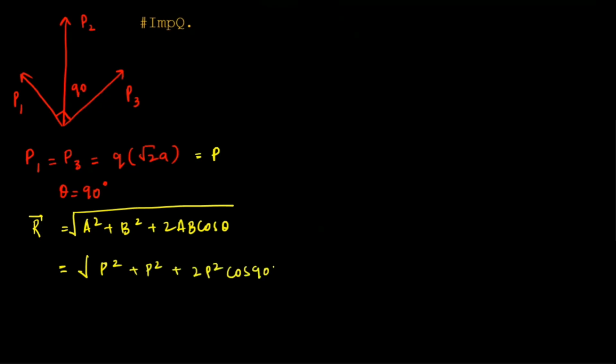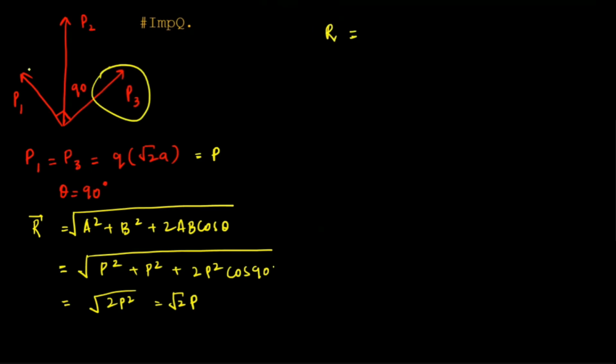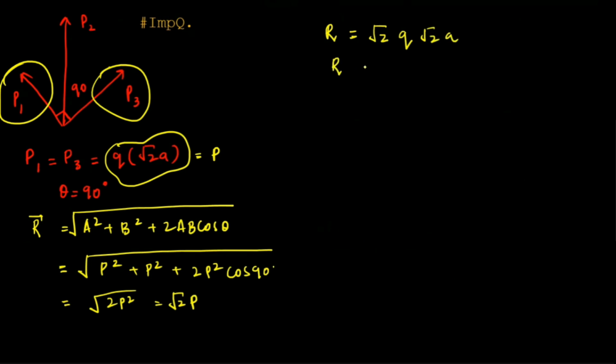What is the value of cos 90? Zero. Yes. So the resultant of these two dipoles, P1 and P3, is going to be root 2 times P. Now what is the value of P? P has a value Q times root 2a. So the resultant of the first and third dipole is going to be 2QA.